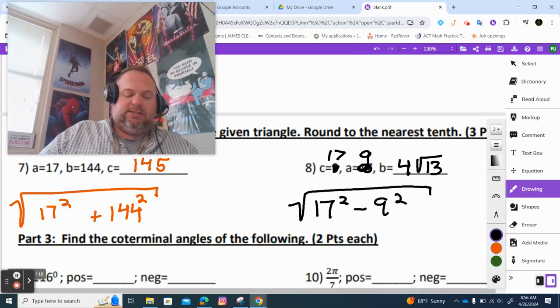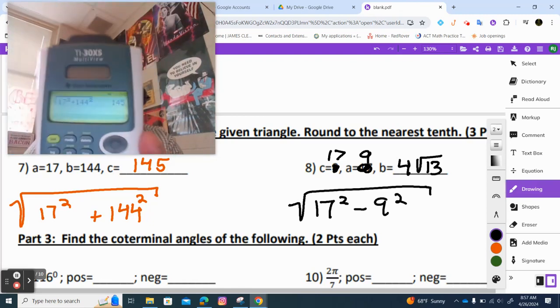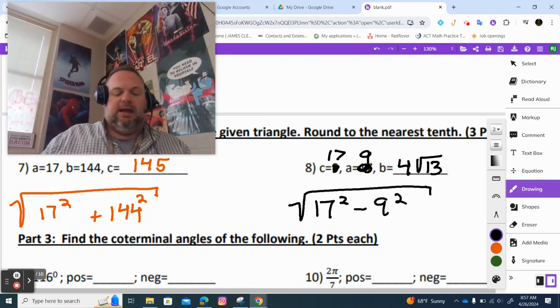All right, so I did the square root of 17.